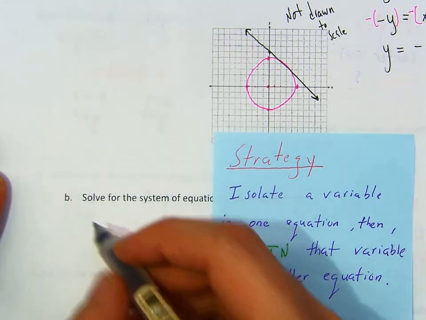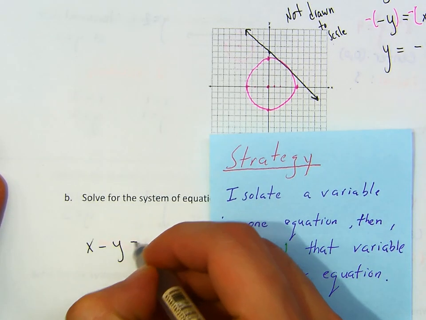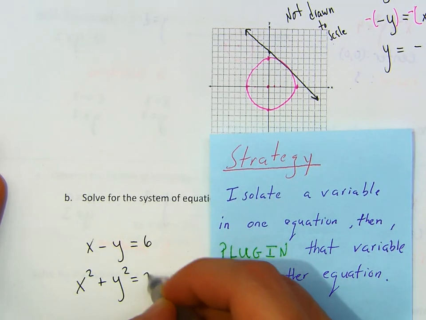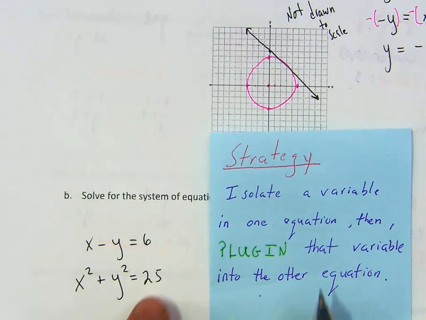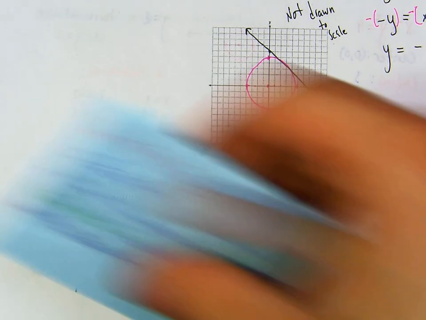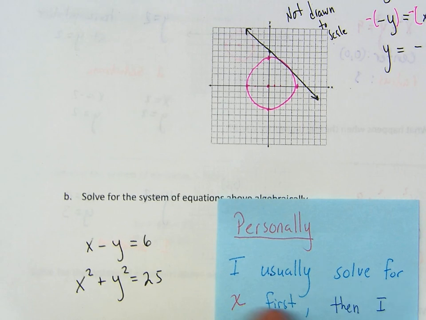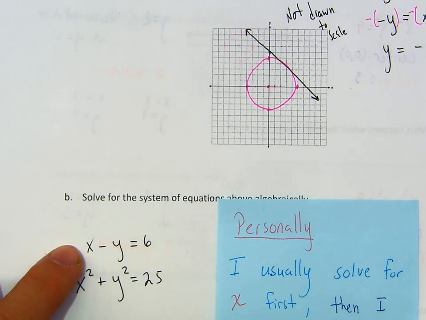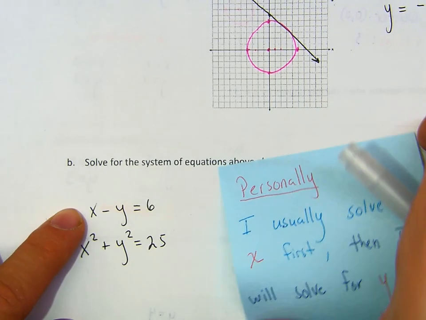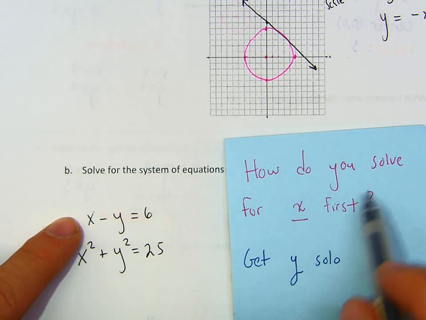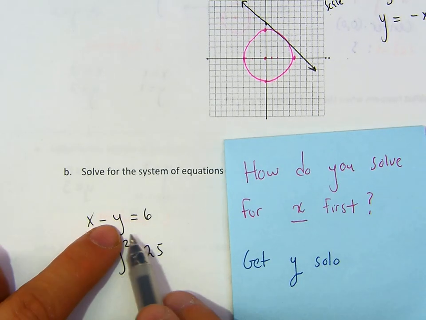So for example, if I have x minus y equals 6, and x squared plus y squared equals 25, let's get one of the variables by itself. Personally, I usually solve for x first, then I solve for y. So how do you solve for x first? We're going to get this y by itself.